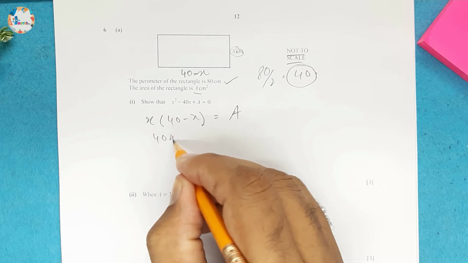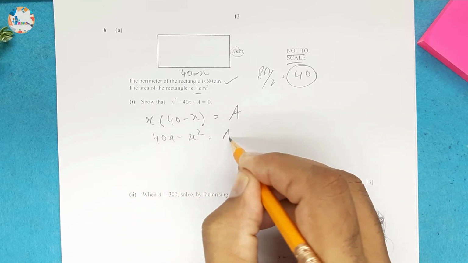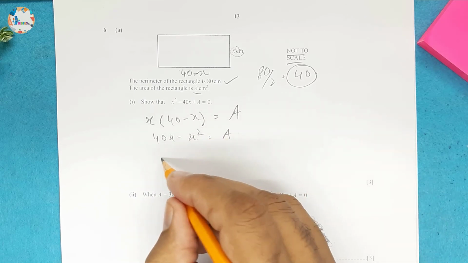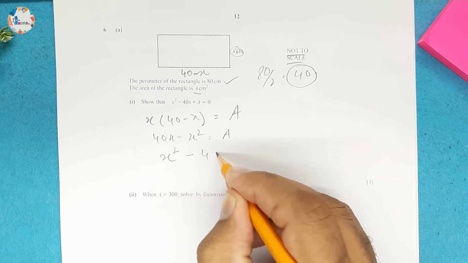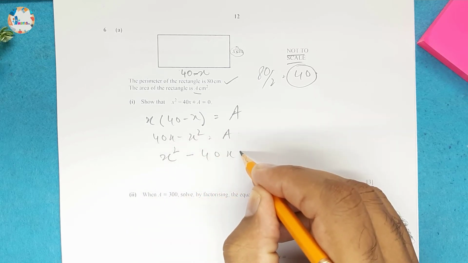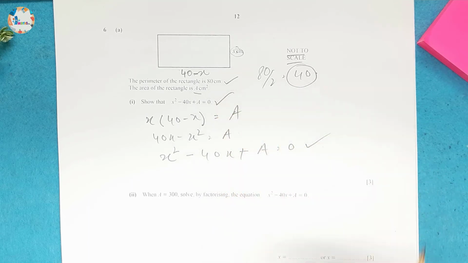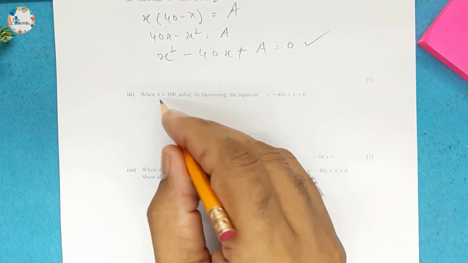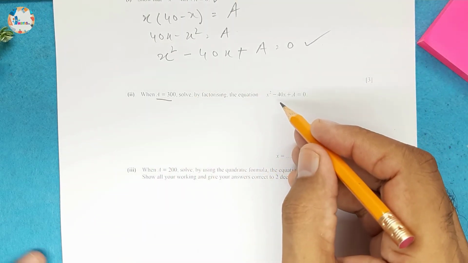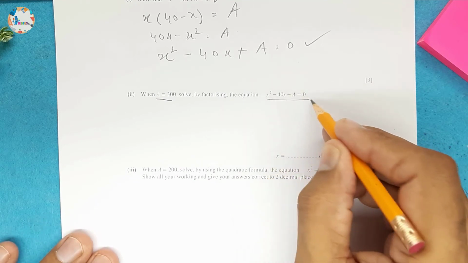This will be 40x minus x square is equal to A. Now we can shift everything to one side. So x square minus 40x plus A is equal to 0, which is the same equation as we have to show. Then they're saying when A is equal to 300, solve by factorizing the equation.